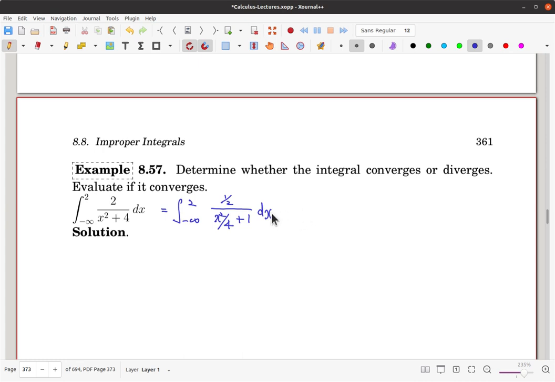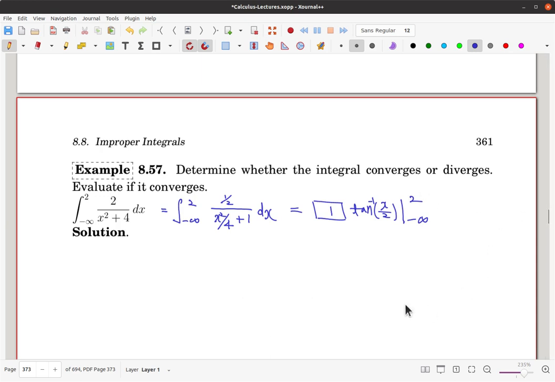Let's try some coefficient times arctangent of x over 2. Its derivative will make 1 over 1 plus that term squared, times its derivative 1/2, which is exactly this integrand. So we may ignore the coefficient, that's 1. And here we put minus infinity to 2.